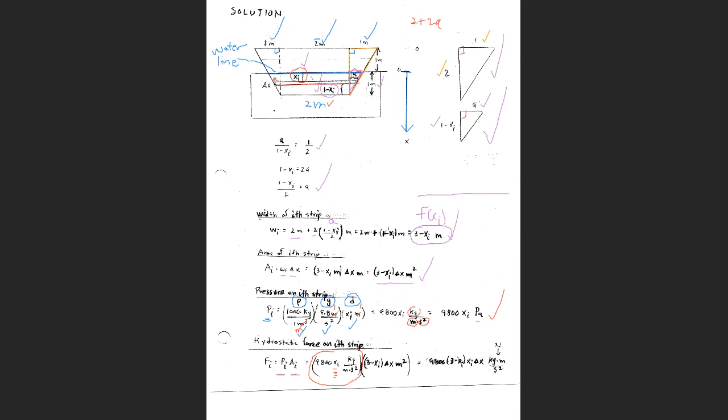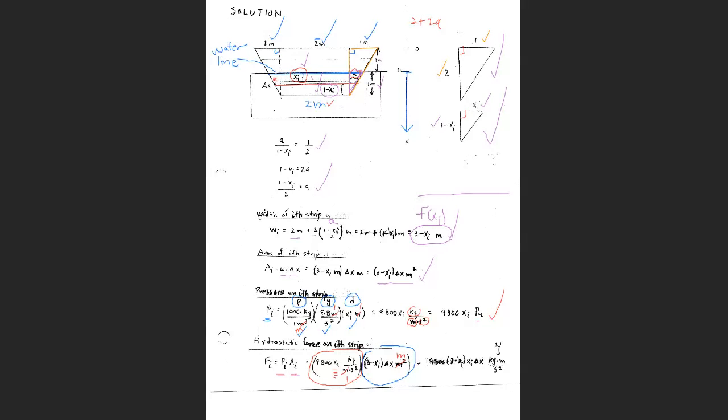It's going to equal the pressure times the area of the ith strip. And if you look at your units here, meters simplifies with meters squared, giving you meters on top, and you end up with units that are kilograms times meters times seconds squared.